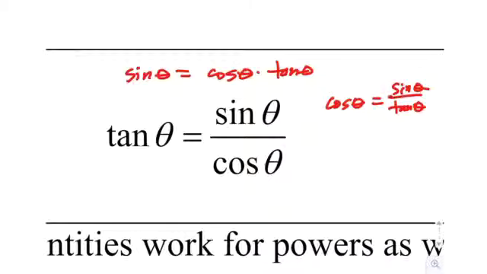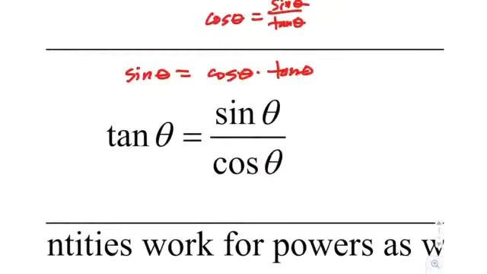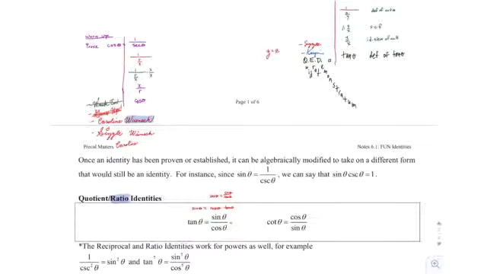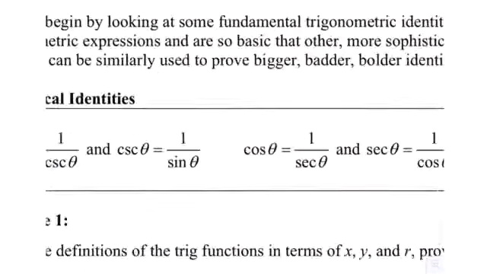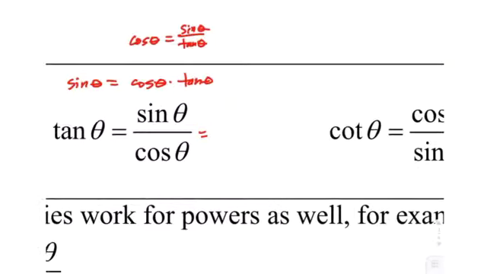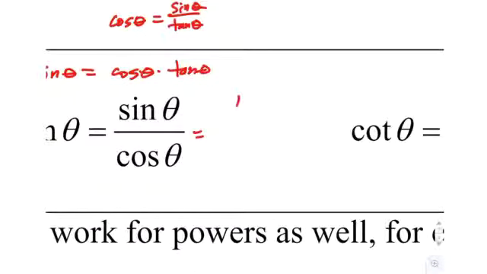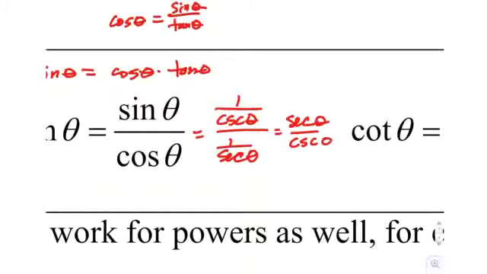Now look what else we could do. This is just playing around, right? I can use the reciprocal identities that we just reviewed and make replacements. Sine is the same as 1 over cosecant of theta. Cosine is the same as 1 over secant of theta. Stay, change, flip, and we get secant of theta over cosecant of theta.